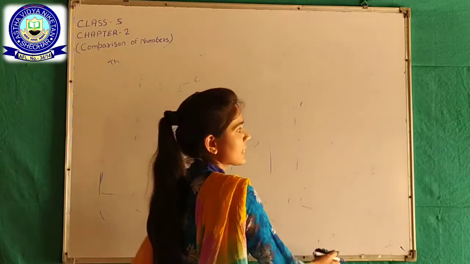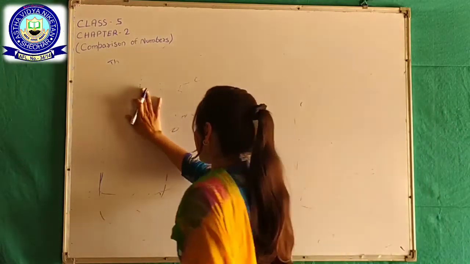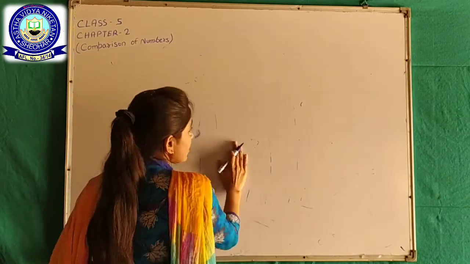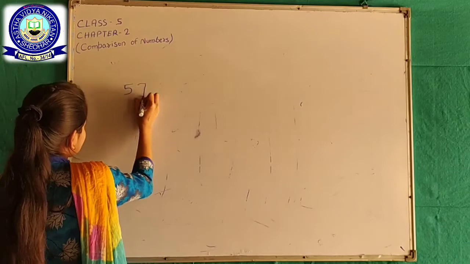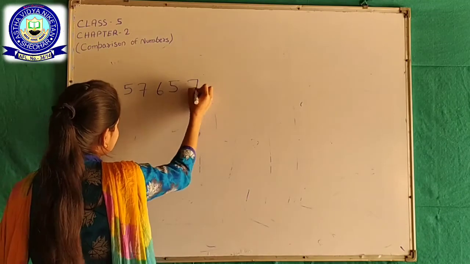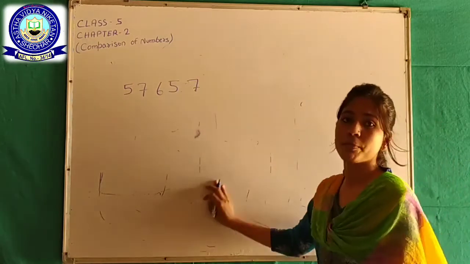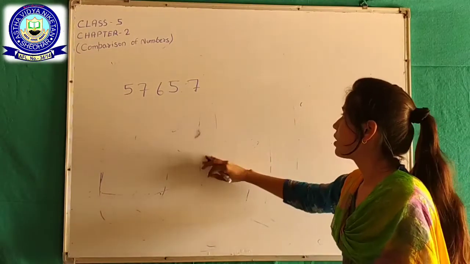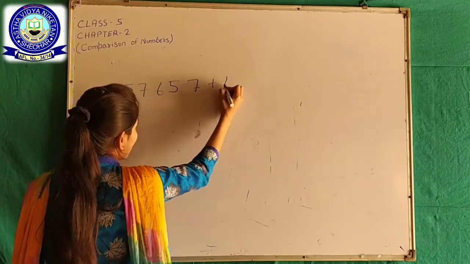And what is a successor and a predecessor? To write the successor of any number, you have to add 1 to the number.